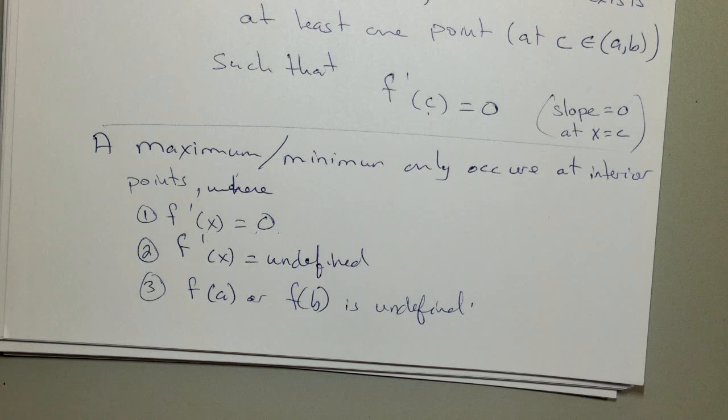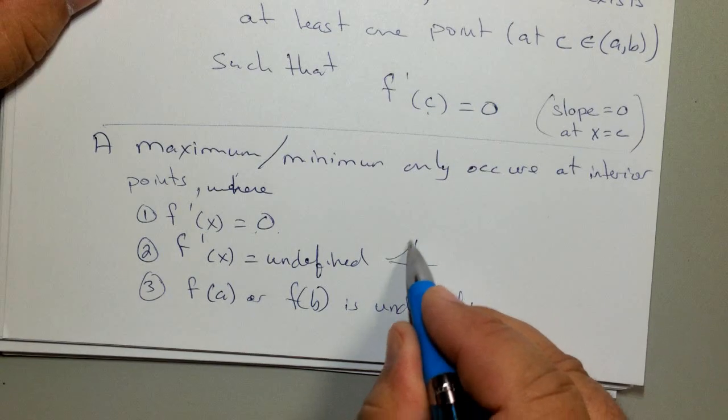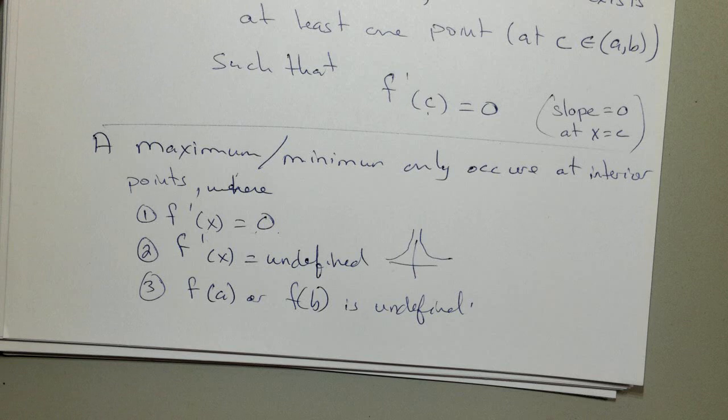From algebra, what's an undefined slope? It is a straight line, but it only has two options, either horizontal or vertical. Which one's undefined? Vertical line. So, when functions approach a vertical slope, then it's undefined. So it happens there.